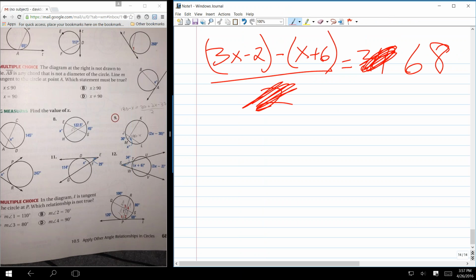Now what's the next thing to get rid of? Combine like terms. Well, we want to get rid of the parentheses. You can't really combine like terms until you remove the parentheses. So remove both parentheses and tell me exactly what you have before you combine anything.